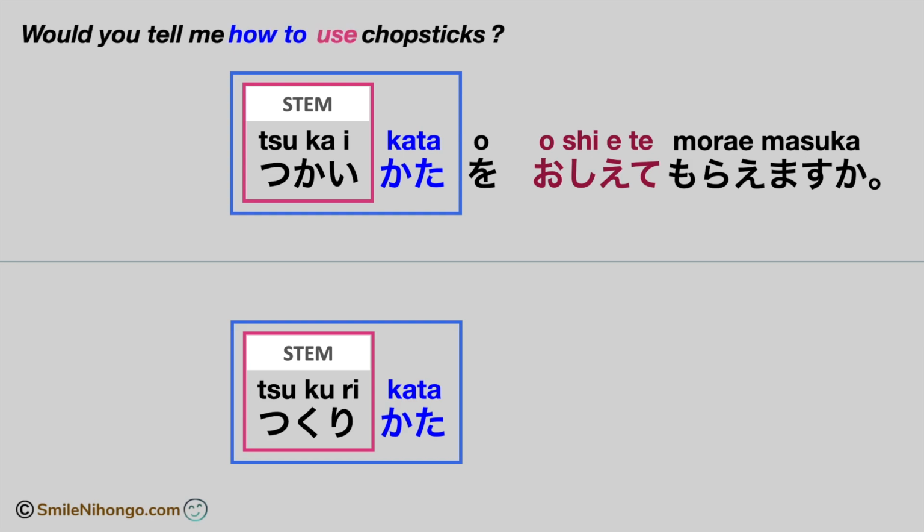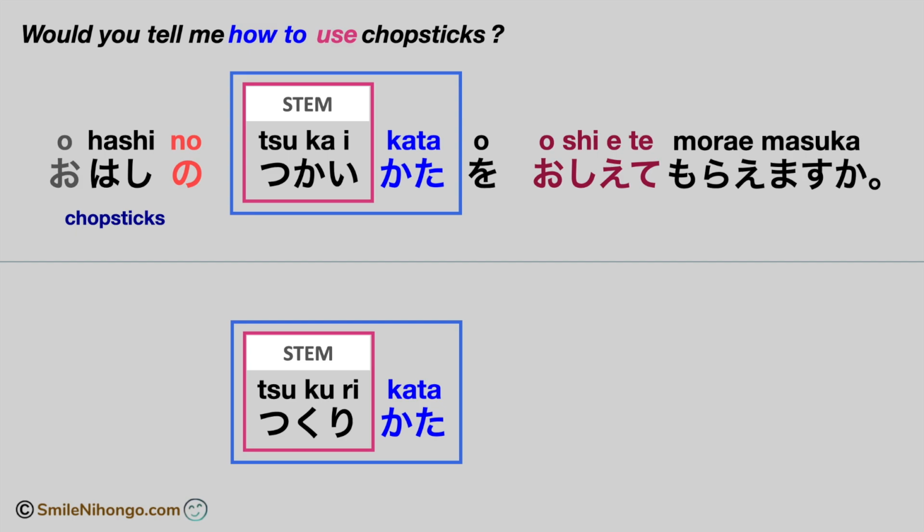Please tell me or would you tell me how to use chopsticks? お箸の使い方を教えてもらえますか? お箸 sounds slightly more polite, gentle, or feminine than just 箸 since it has the honorific prefix o added to the noun.